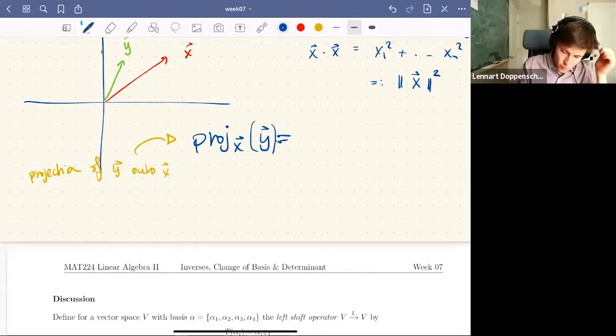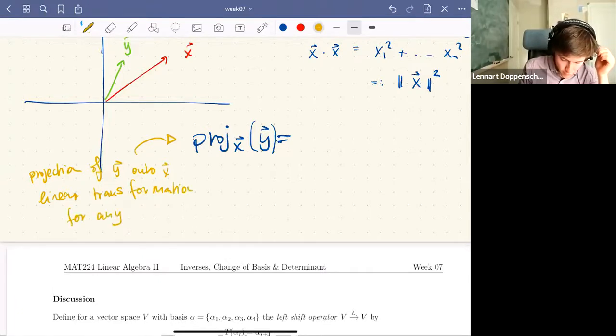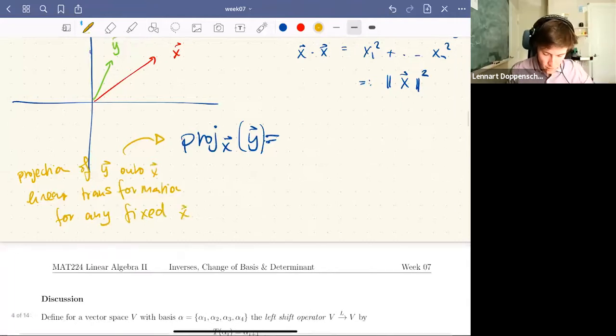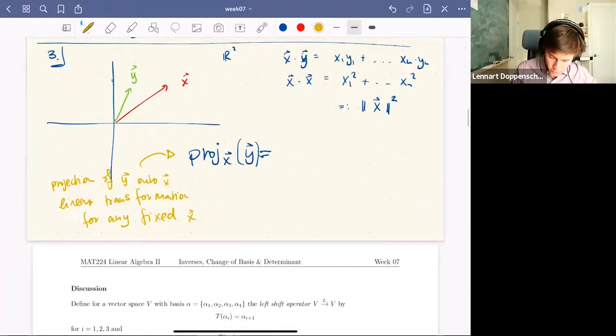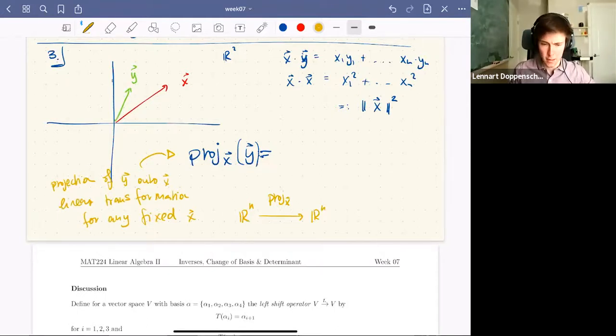So this is a linear transformation for any fixed x. The idea is that you can define Rn to Rn, and you can just define proj sub x. For every y, you just apply the projection onto x.